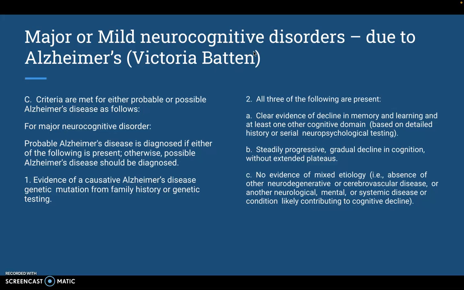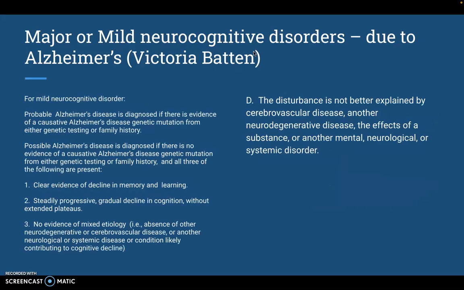So like other neurodegenerative diseases, other cerebrovascular diseases, or systemic diseases like thyroid disorders or renal failure or anything like that that could affect that. So that is the criteria for C for major neurocognitive disorder.